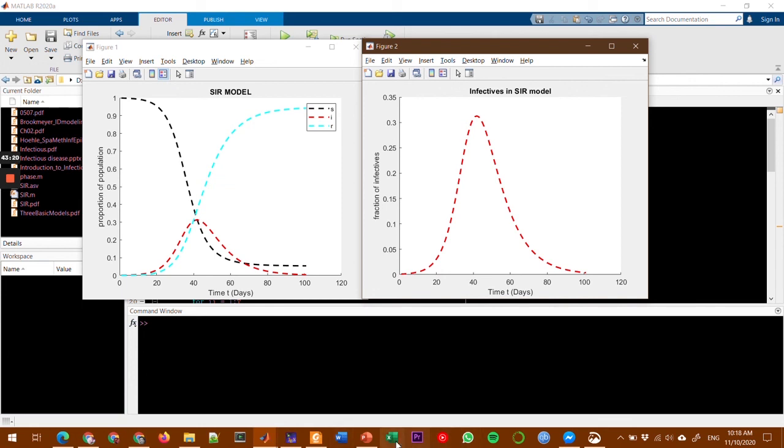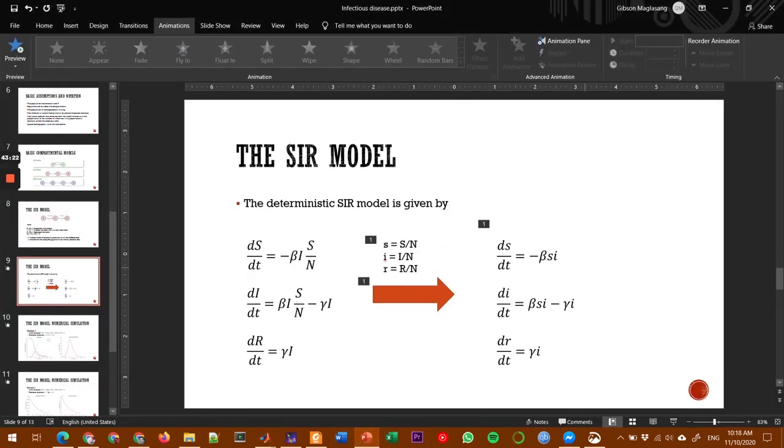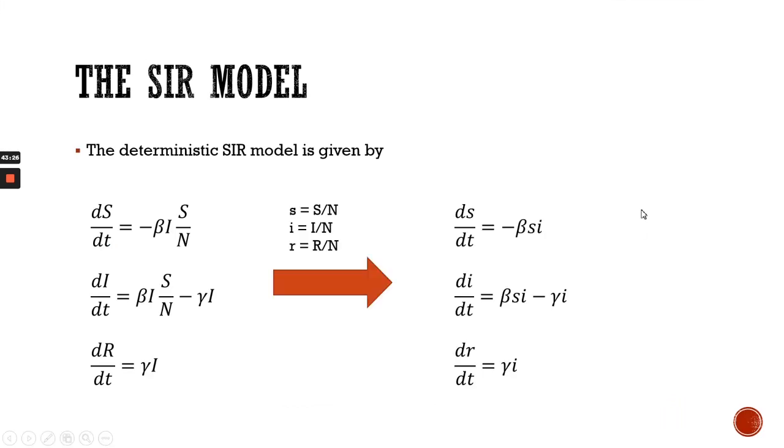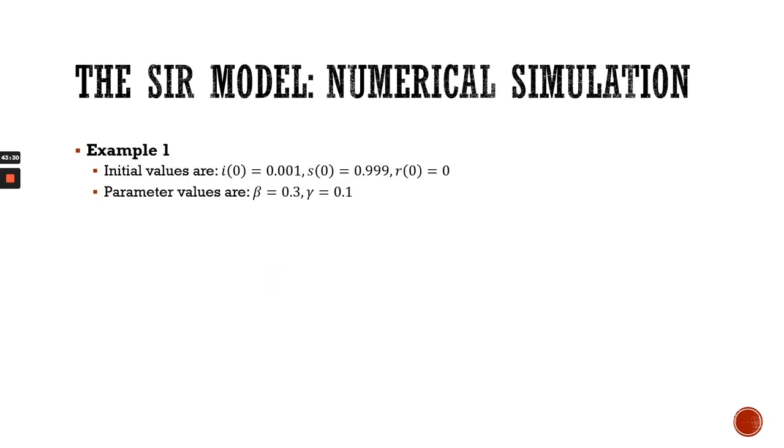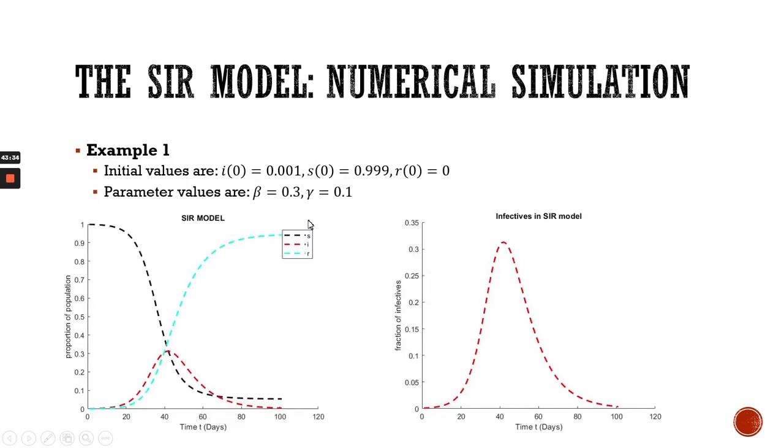So, let's go back. You notice the calculation is very easy. Numerical methods make it easy, right? Given this initial condition, we have this. Again, as I've said, based on our model, it predicts that there is an epidemic going on.